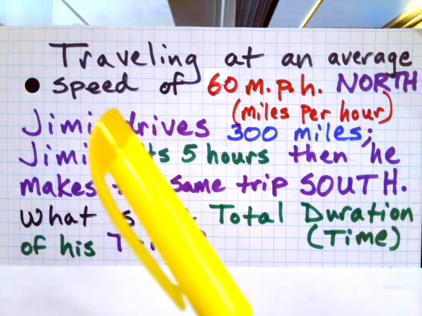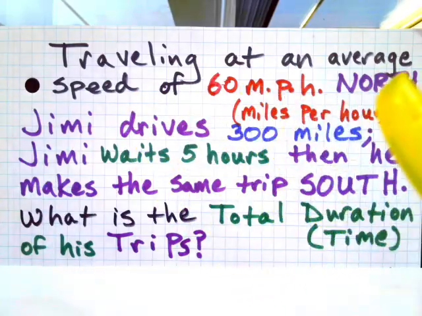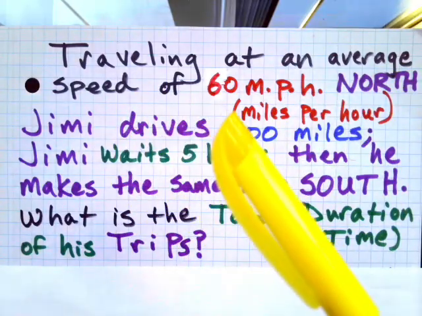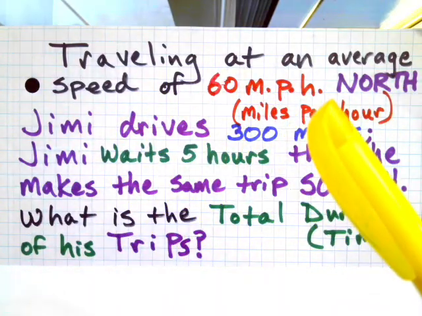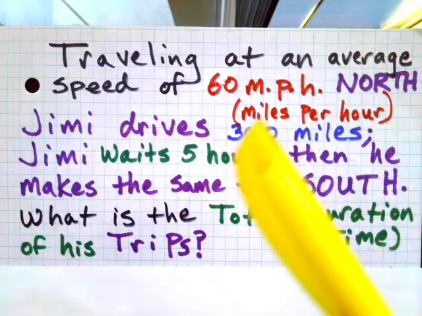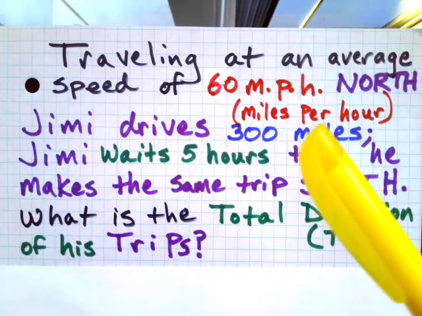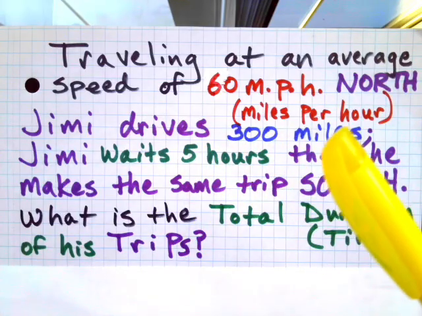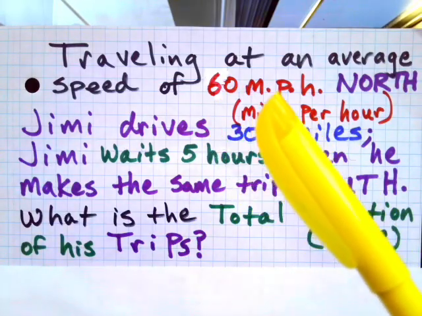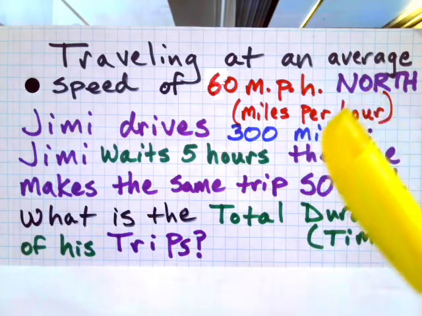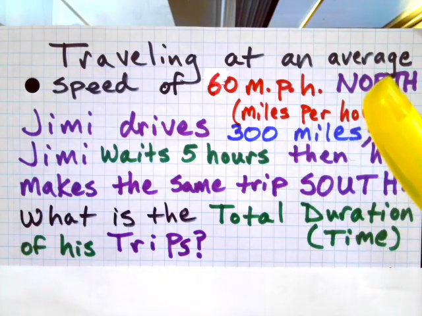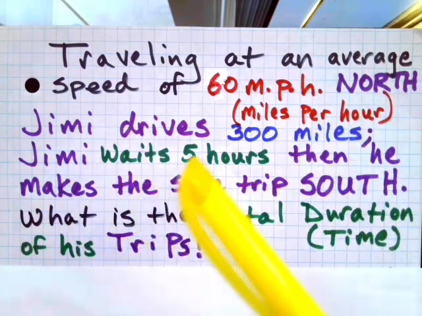So let's read through this again. Traveling at an average speed of 60 miles per hour north, Jimmy drives 300 miles. So Jimmy's driving 300 miles at 60 miles per hour in the north direction. That's one way, north. Jimmy waits 5 hours.